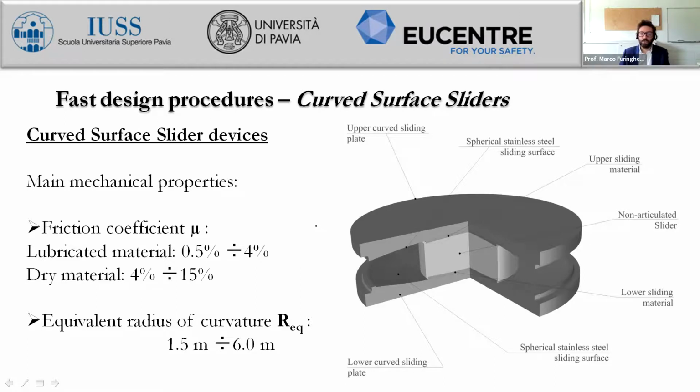We have the friction coefficient, which is a mechanical property that varies, from the realistic experimental point of view, with respect to a number of response parameters.